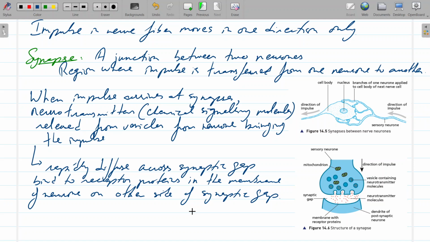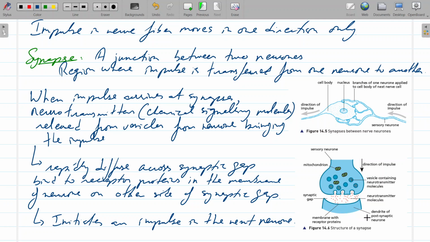When they bind to the receptors, this initiates an impulse in the next neuron. So from the sensory neuron, the impulse travels to the next neuron.